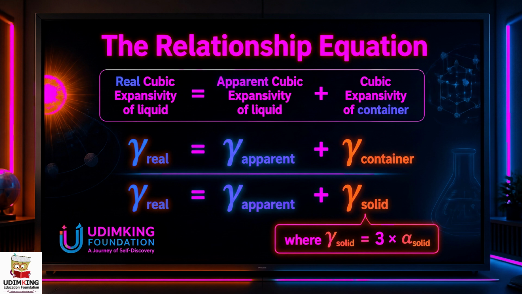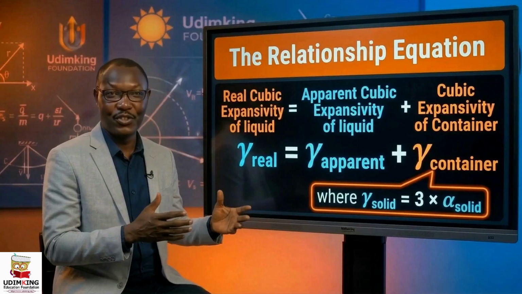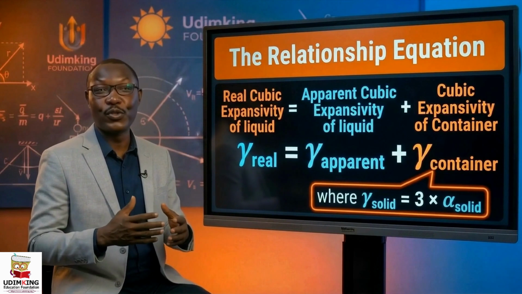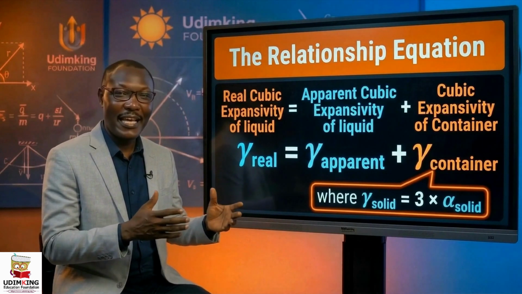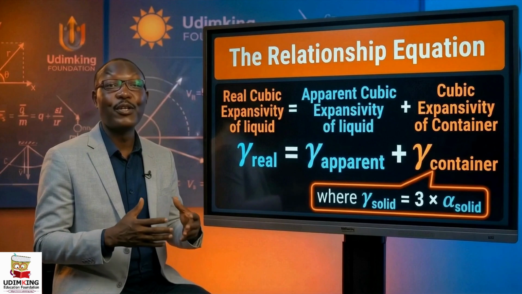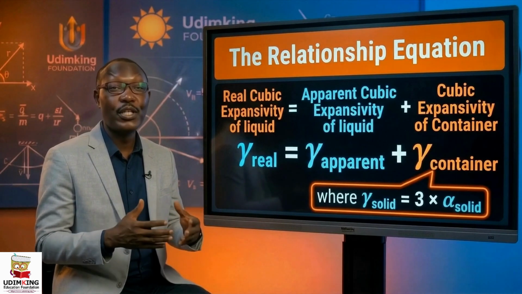Recall, the cubic expansivity of a solid is equal to 3 times its linear expansivity. Real expansion is what the liquid would actually do if it were floating completely naked in the air without a container holding it back. But how do we actually find this hidden real value?